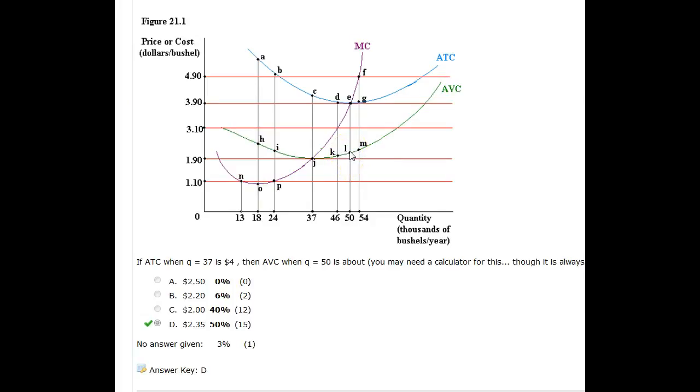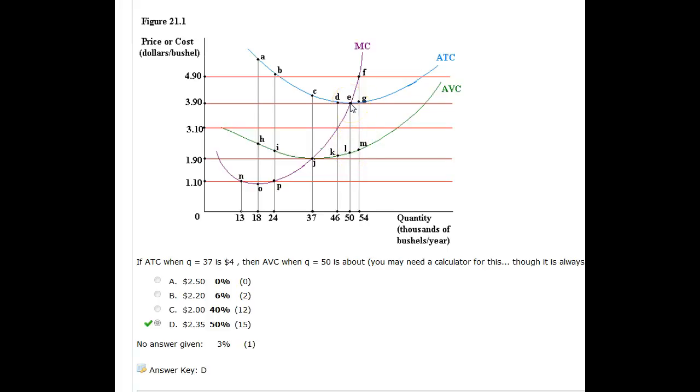If we take $77.70 divided by 50, 77.7 divided by 50 gives me 1.554. That is my average fixed cost, right? So fixed cost divided by quantity gives you average fixed cost.